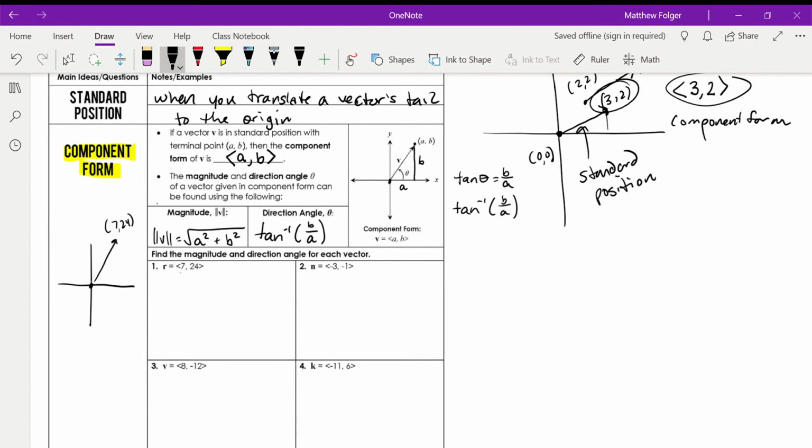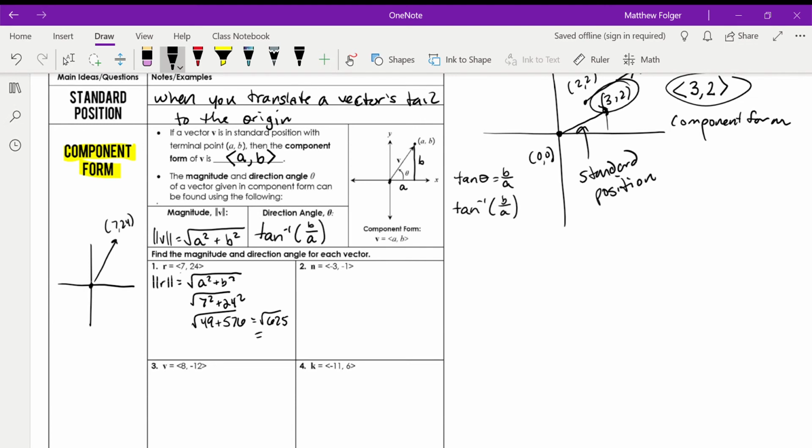All right? So if we want to find the magnitude of vector r, the magnitude of r equals the square root of a squared plus b squared, which is the square root of 7 squared plus 24 squared, which is 49 plus, what's 24 squared? Let me get my calculator out here. I should know this, but I don't. 576. So the square root of 49 plus 576 is 625, which is a perfect square.